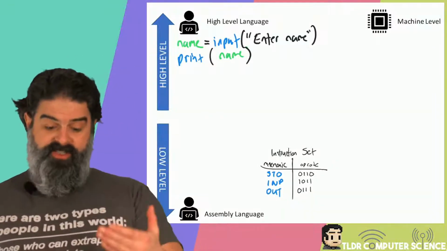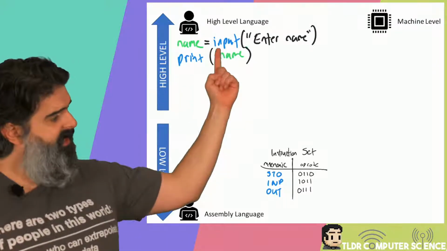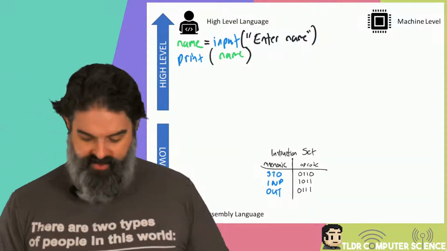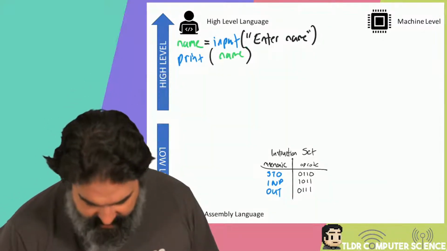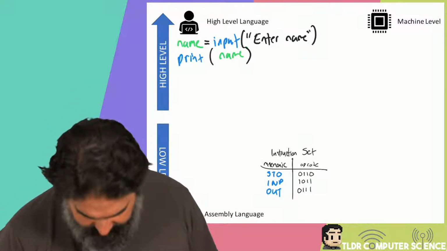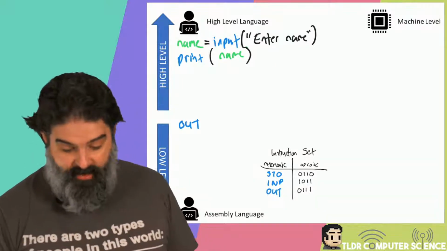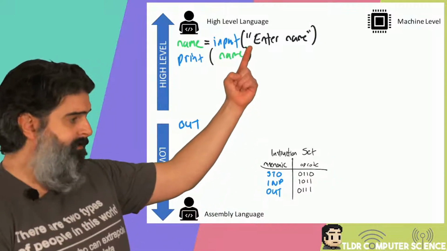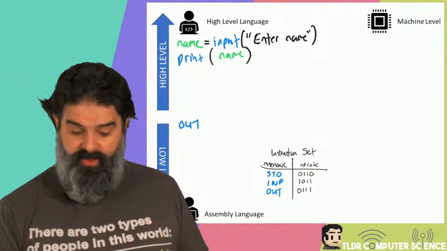If I wanted to do this in assembly, it's really complicated because I've got a bunch of different functions at the same time. So first of all, I need to output the message. So I'd have to say in here, out. So this is the assembly language. I have to out, and then I'd have to pretend that that message was stored somewhere in code, like in a memory address.